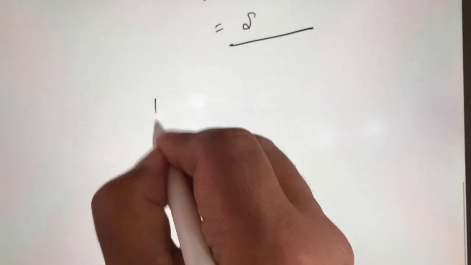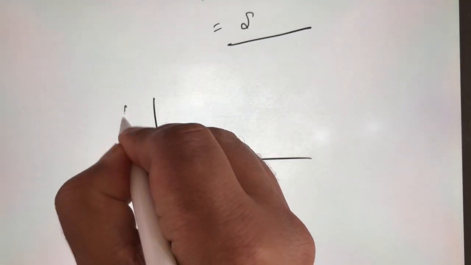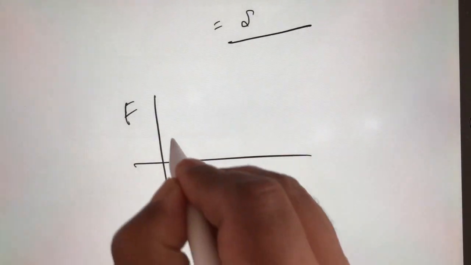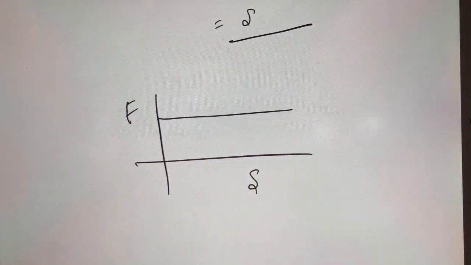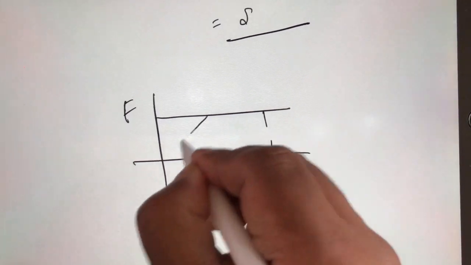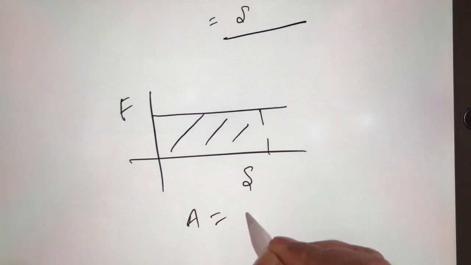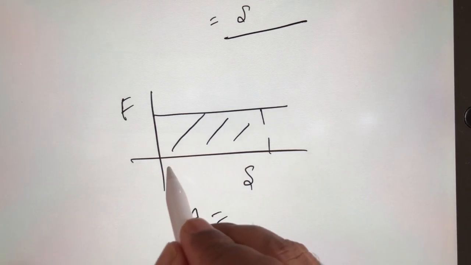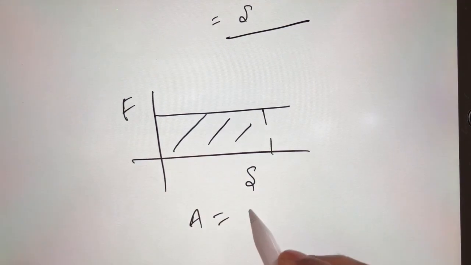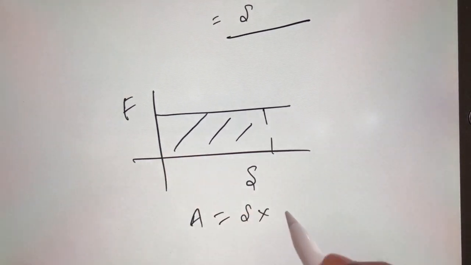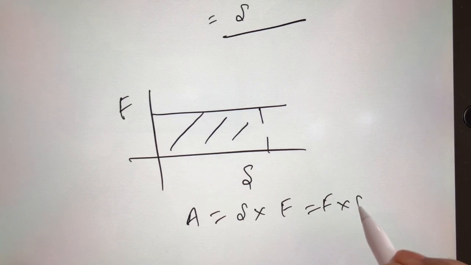Say you've got a graph in which you are plotting force with displacement. If a constant force is producing a displacement, once again, the area of the graph is the area of this rectangle whose length is s and whose breadth is f, which is f into s, a more familiar form.